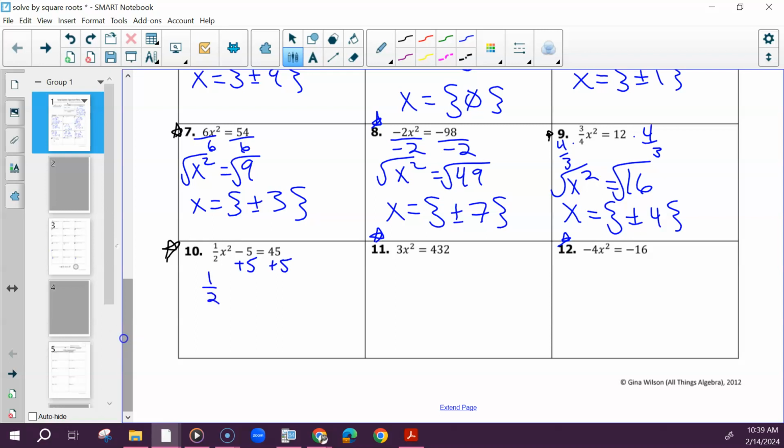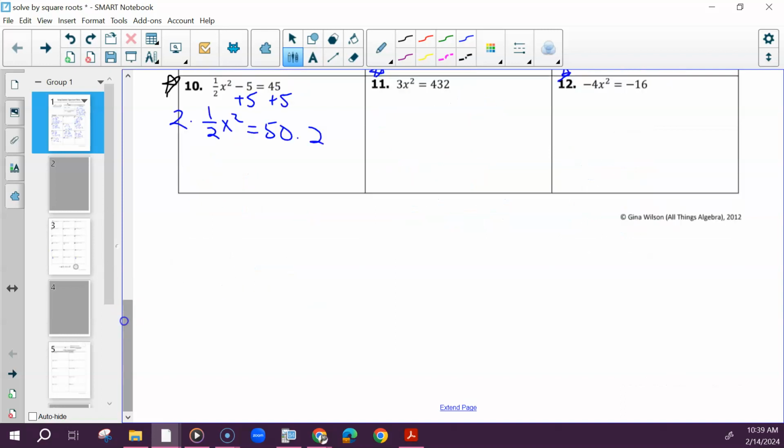Oh, I lied. This one will maybe with this one. We take the square root of both sides. But plus or minus.